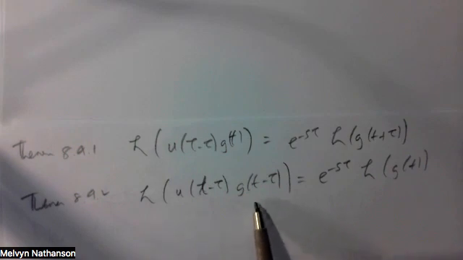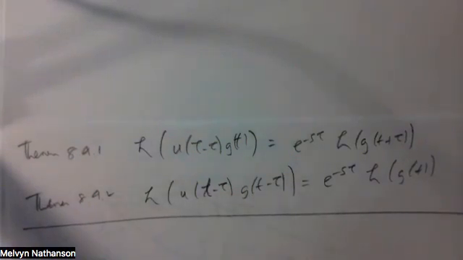It's just replacing t by t minus tau here. So it's essentially the same thing. And we use this often to find inverse Laplace transforms.